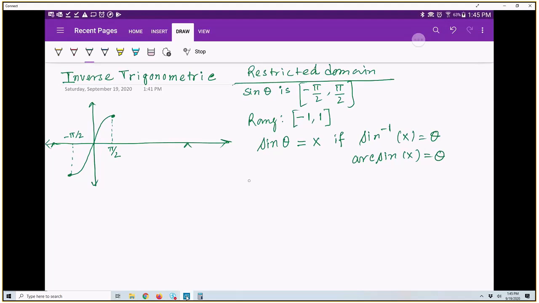The inverse sine function has the domain as the range of the restricted sine function, so it is -1 to 1, whereas the range is the domain of the restricted sine function, so that's negative pi over 2 to pi over 2.